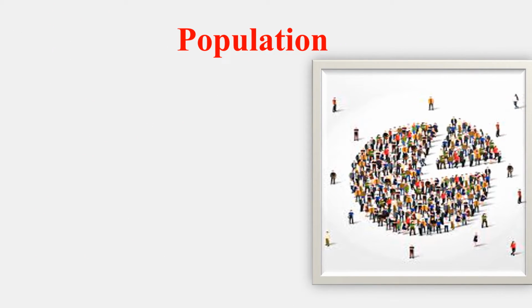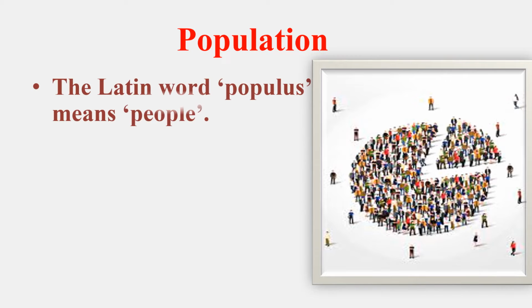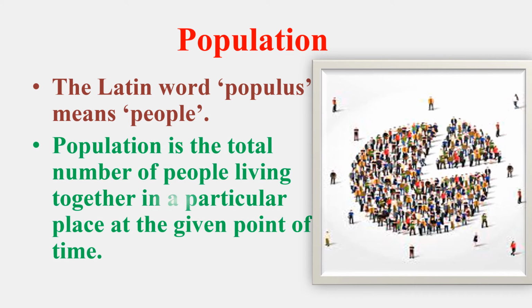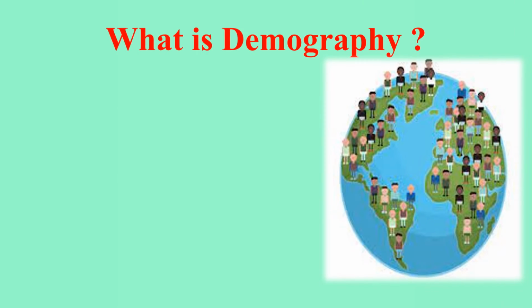Next, population. The word populus means people. It came from the Latin language. The population is the total number of people living together in a particular place at a given point of time. Next, what is demography?